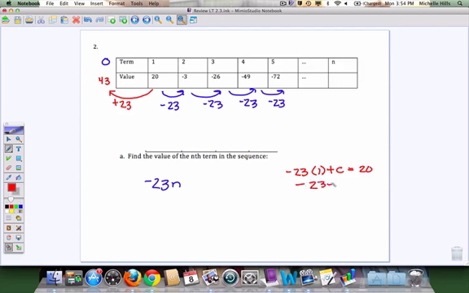So I can solve this by adding 23 to both sides, C is 43. So there are at least two good ways to get that and show work so that if you're wrong, you have a chance of getting more partial credit. So my nth term is negative 23 times n plus 43.